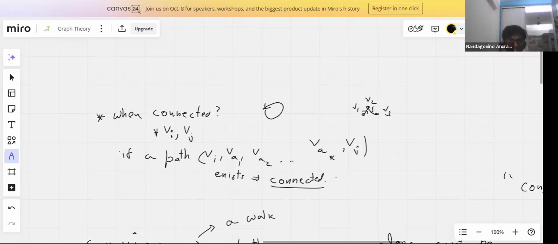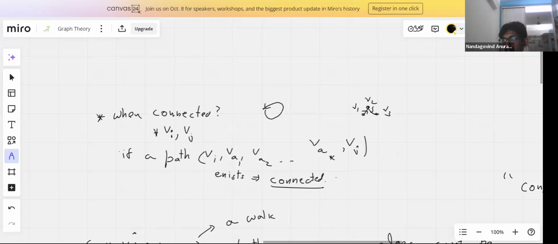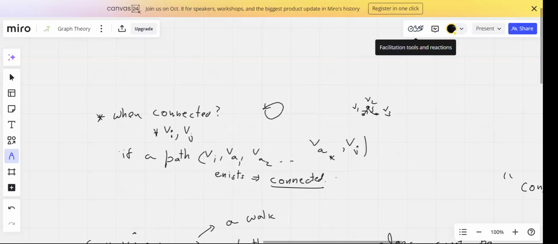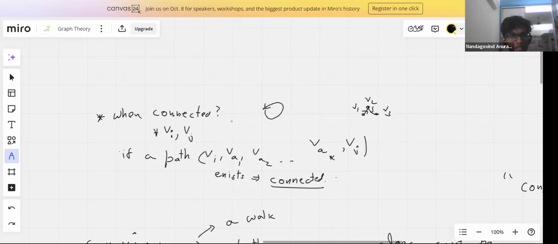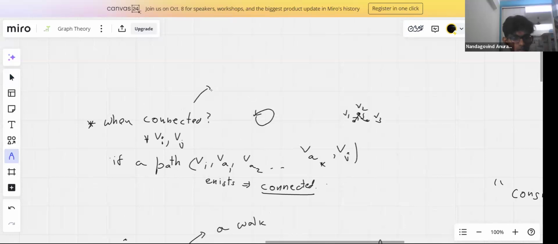A graph with one vertex is a silly graph, I think. What information can it give? If mod V equals 1, we usually call it the trivial graph.